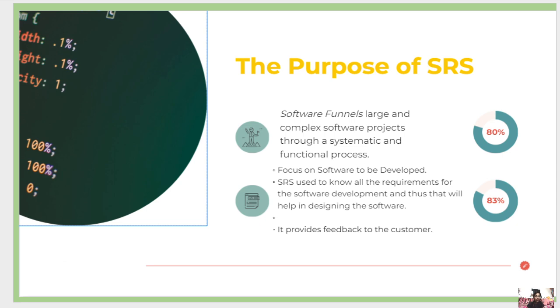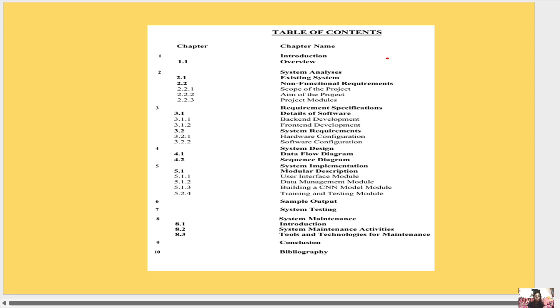Next, the format of the SRS document. This table of contents that I am showing here, we prepared for our mini project. At first, it should give the introduction, then overview, then system analysis, existing system, the non-functional and functional requirements.